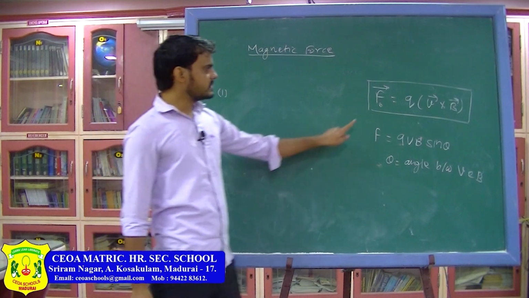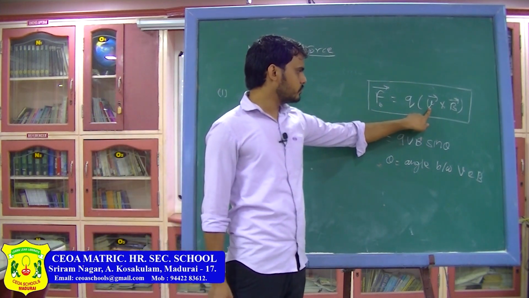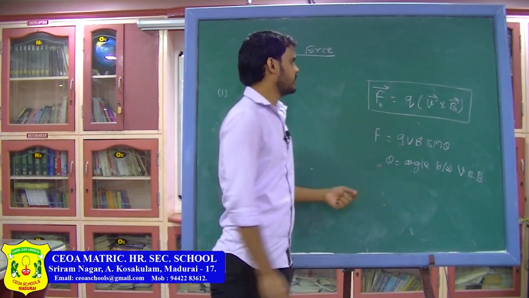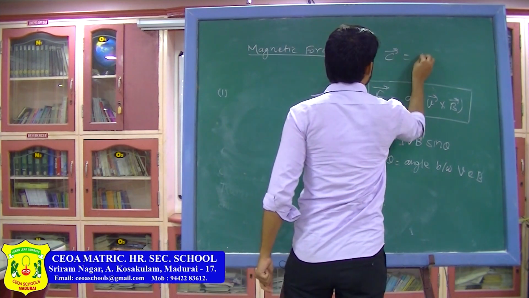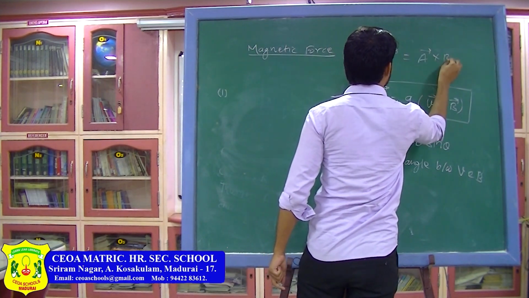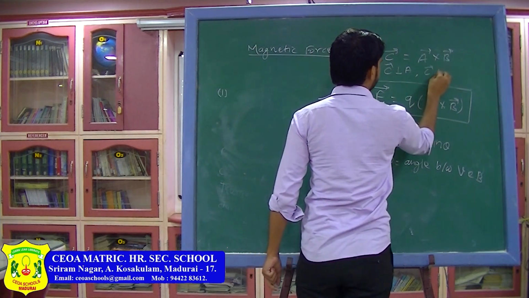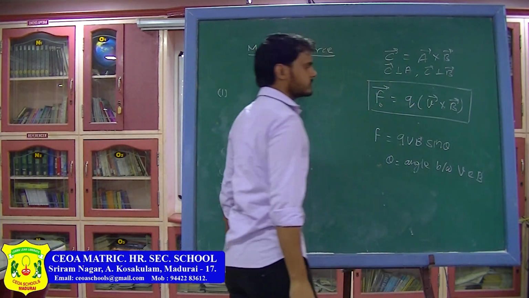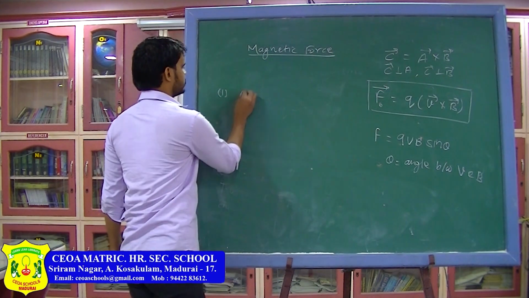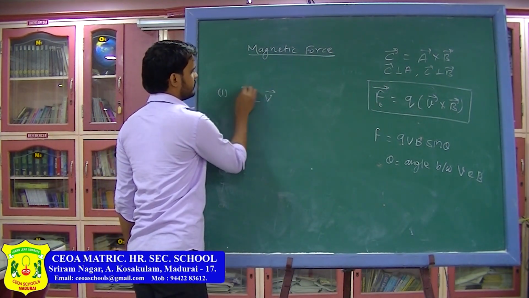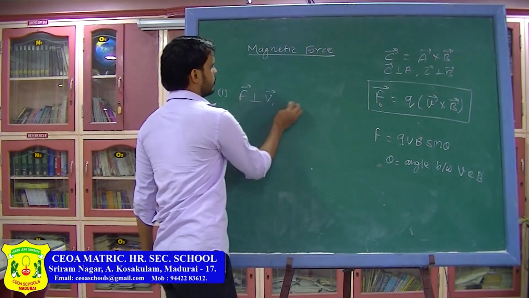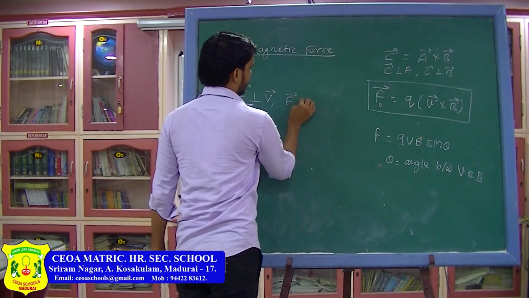First thing is, as you can see, this force is perpendicular to both velocity and magnetic field. You know that if you write C as A cross B, then C is perpendicular to A as well as to B. So here I can say the magnetic force is always perpendicular to the velocity and it is also perpendicular to the magnetic field.